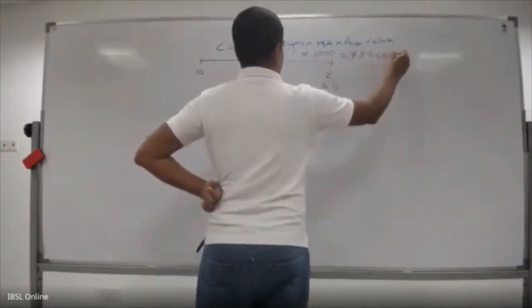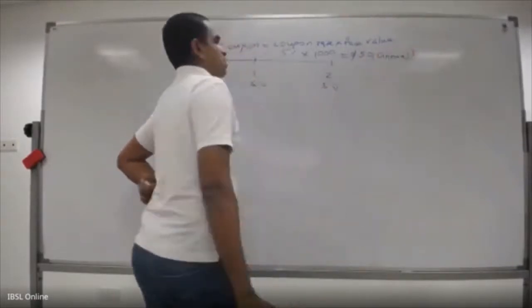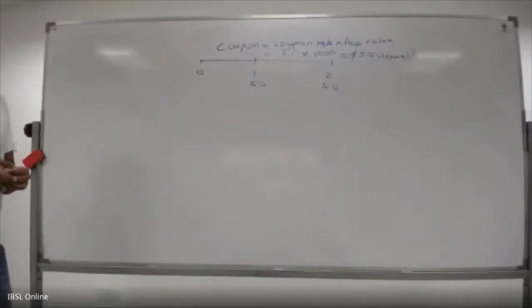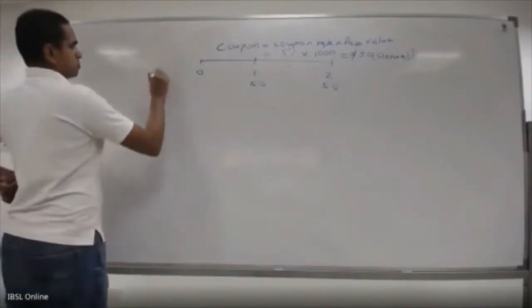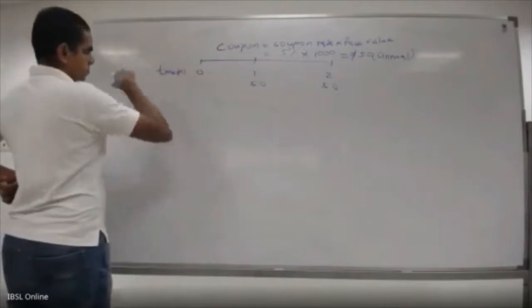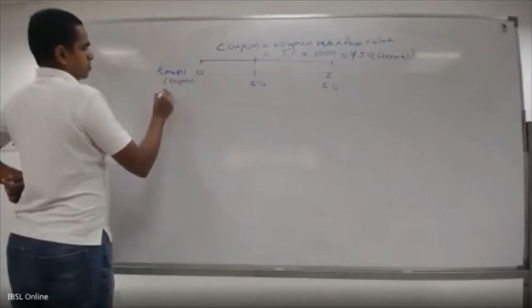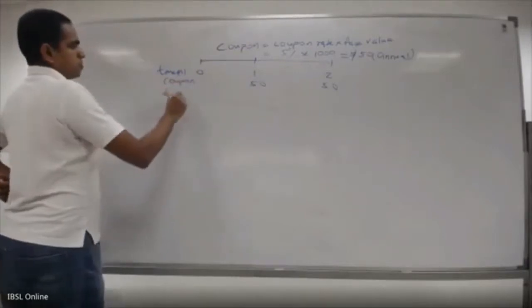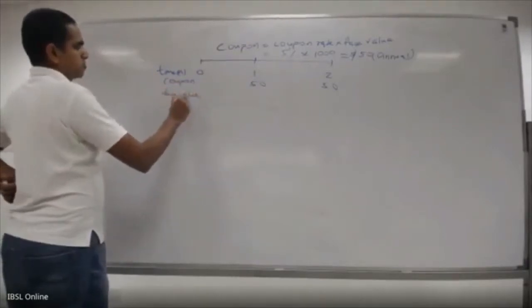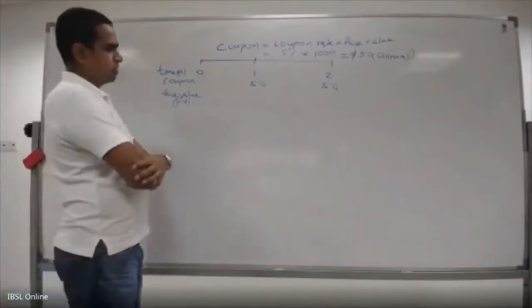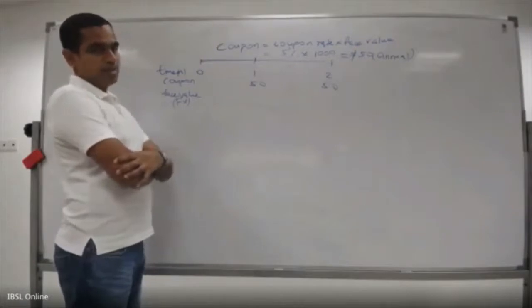$50 annually. So this bond, a 2-year bond, which pays 5% annual coupon interest, will pay you annually a coupon of $50. And when it matures, I repeat, it will pay you $1,000 at maturity.